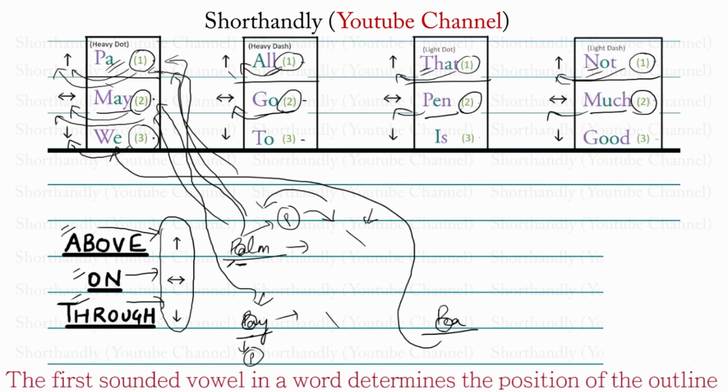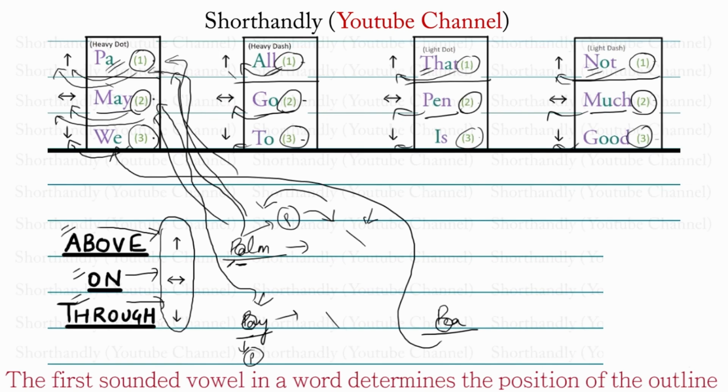As you see, all the third place vowels like to, is, and good also have this sign through the line. So this simply means that whenever the first sounded vowel in any word is a third place vowel, then the outline is written in the third position, or you can say through the line.